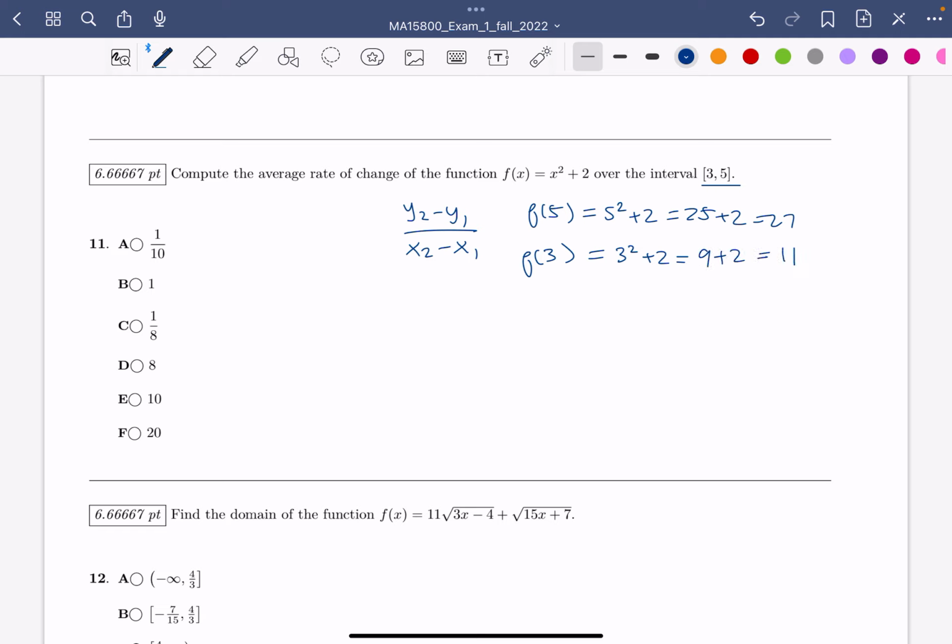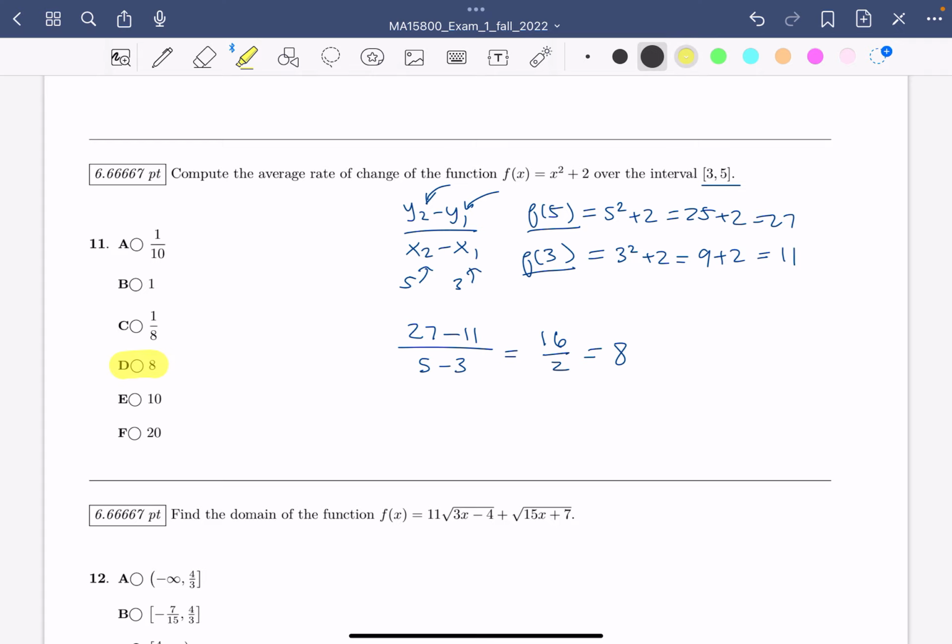If we plug in f of 5 for y2 and f of 3 for y1, and then 5 for x2 and 3 for x1, we should be able to find our slope or average rate of change. So let's do that. So y2 is 27 minus y1, 11, over 5 minus 3. So we have 16 over 2, or 8, which gives us an answer of D.